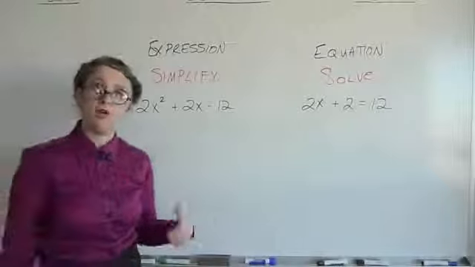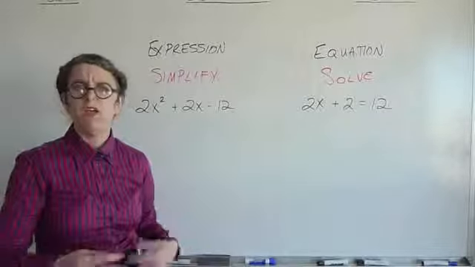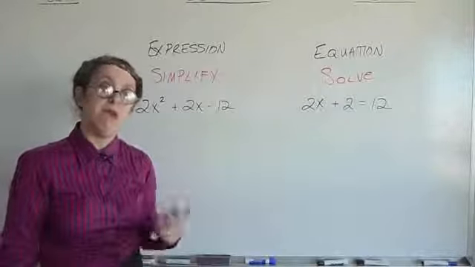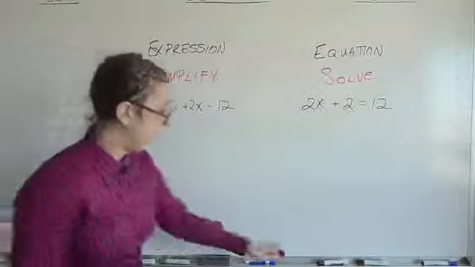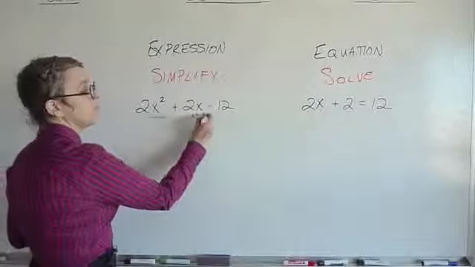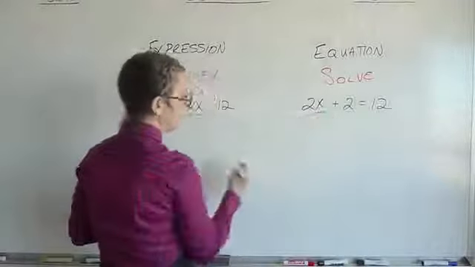What I want you to notice, I was talking a little bit earlier about x equals this and x equals that. Well, x has a special name. X is called a variable. So this is a variable, this is a variable, and this is a variable right here.